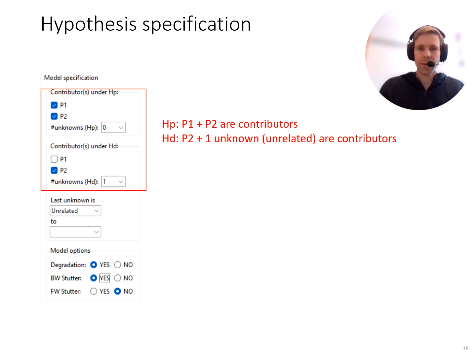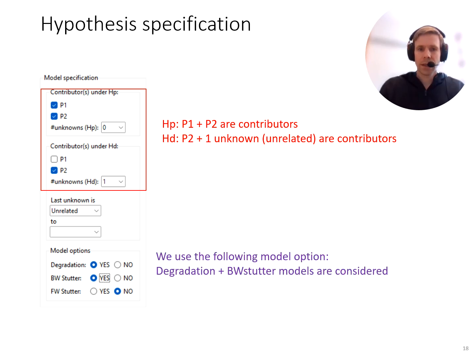Under HP, we will click P1 and P2 as contributors and select 0 unknowns. Under HD, we will select P2 as a contributor, but then also add an unknown as a contributor, which we will define as unrelated. I'll come back to this.